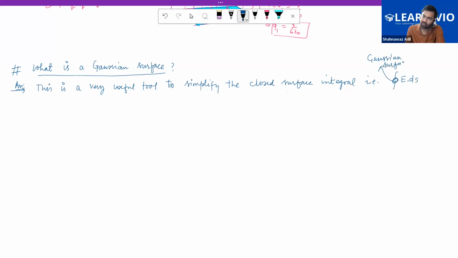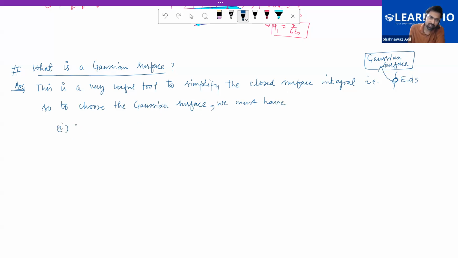So in different cases, we have to take different Gaussian surfaces. And what is the criteria that we apply to choose this Gaussian surface? To choose the Gaussian surface, what should we have?